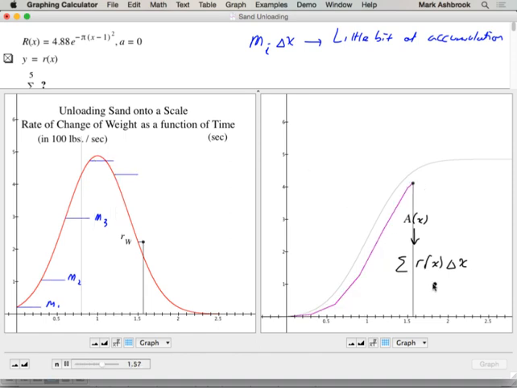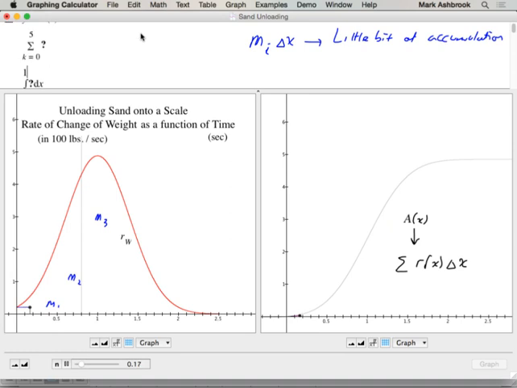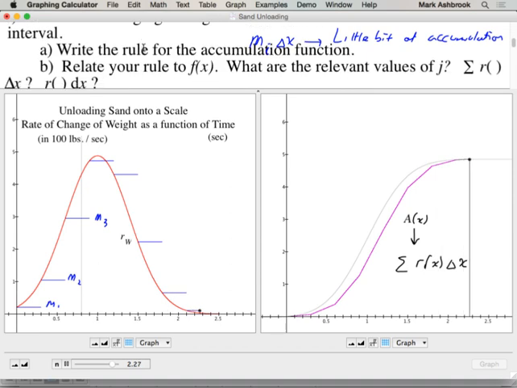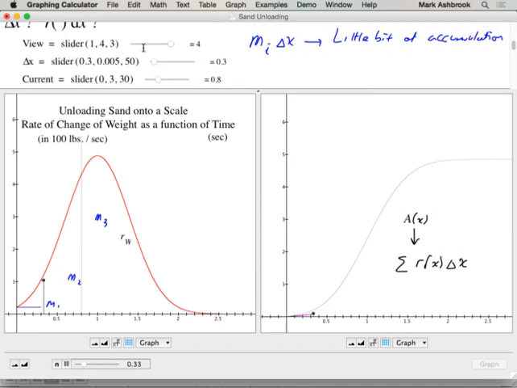Okay, and then in order to make progress towards the exact, so that's an approximate. What about making progress toward exact accumulation? What was that about? So how did we do that? Kelly? I've got this approximate accumulation function, which built on summing up these little bits of accumulation: rate times change in x plus rate times change in x plus rate times change in x.